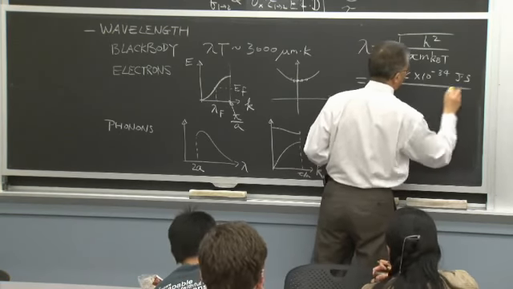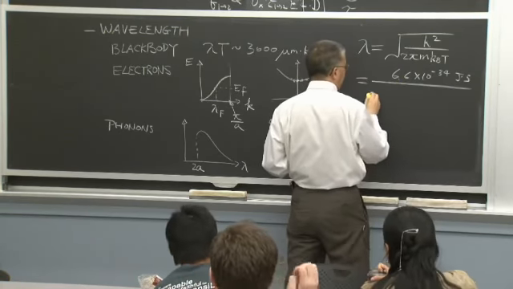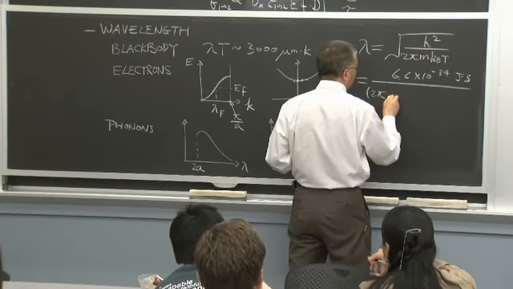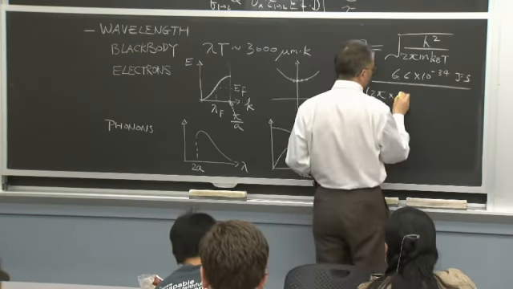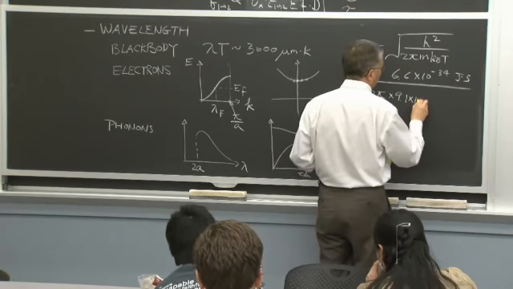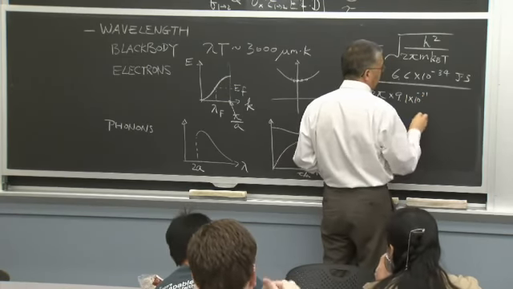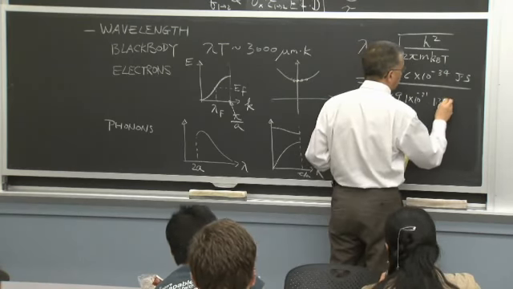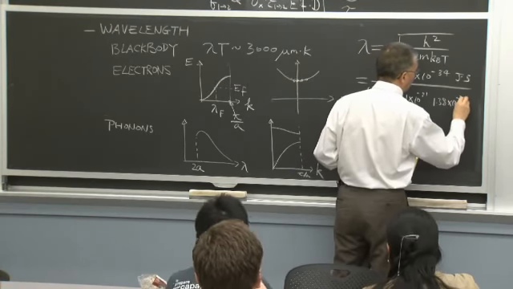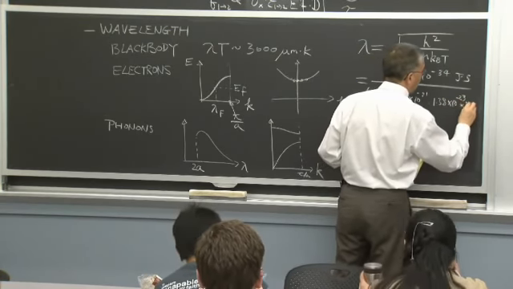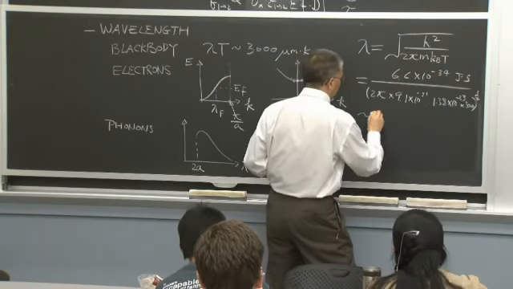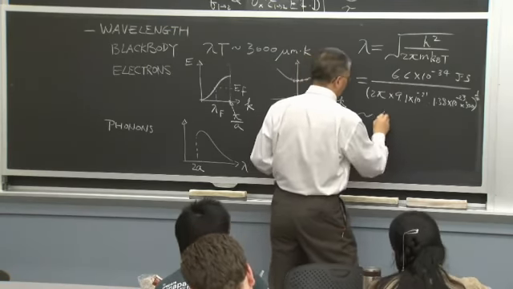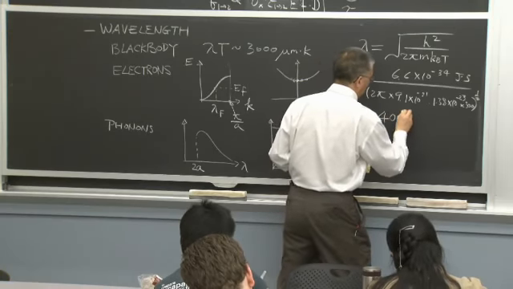In the denominator, I have 2 pi, the electron mass 9.1 times 10 to the minus 31, and kB is 1.38 times 10 to the minus 23, and 300 Kelvin, square root. When you do that, you get about 40 angstrom.